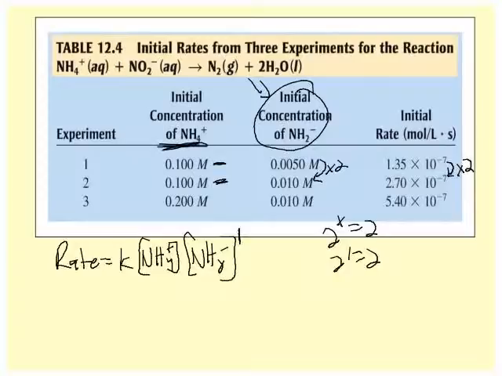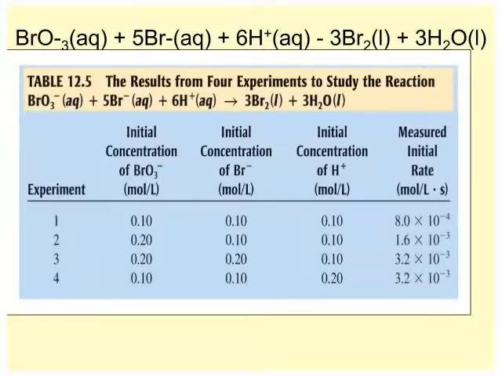To figure out NH4, you want to find something where the guys are the same. So NH2 is the same, experiment 3, so this is times 2, and the rate is also times 2. So 2 to the first is 2, so this one's also first order. Let's do another one. Same deal, and this time we've got more.